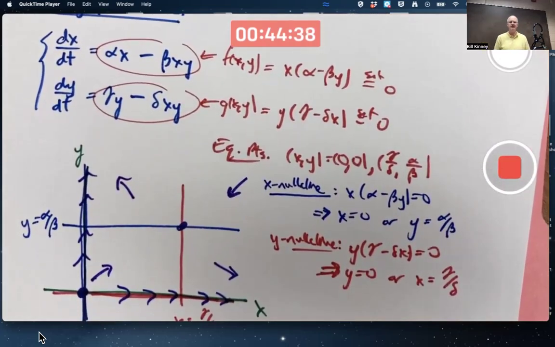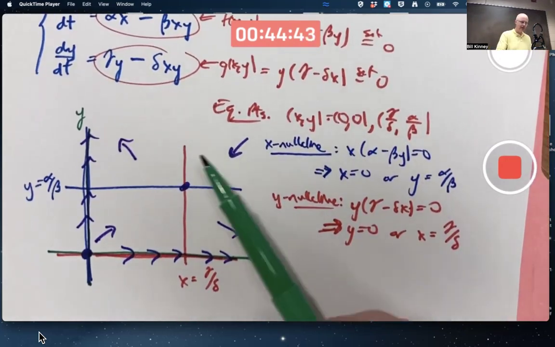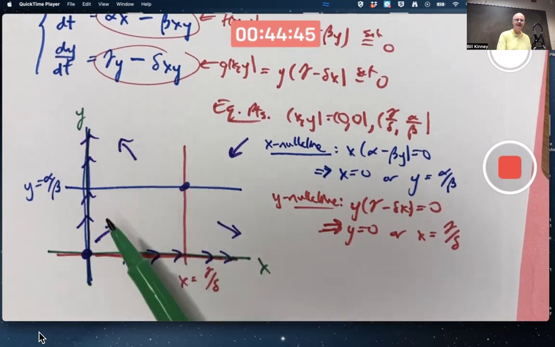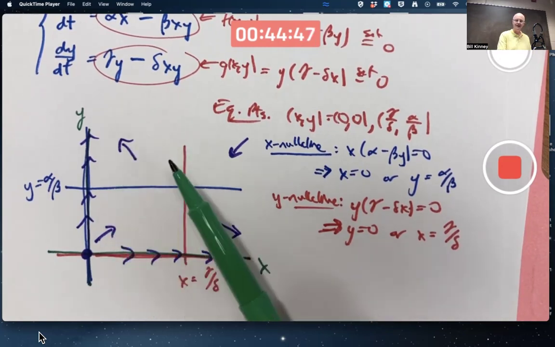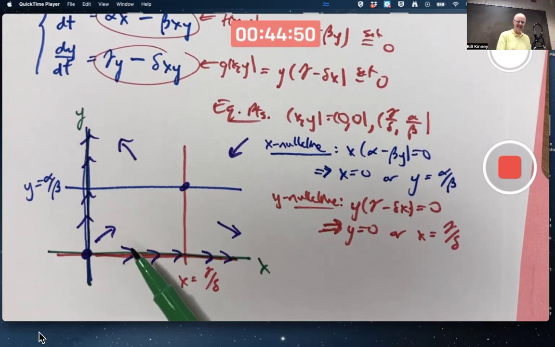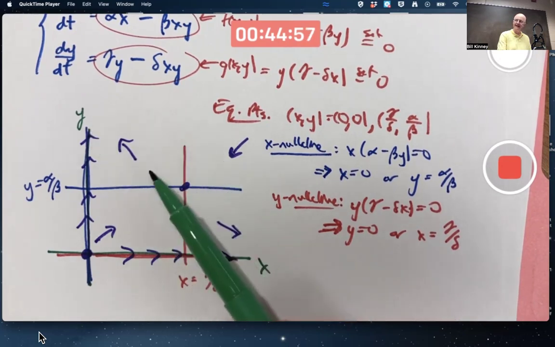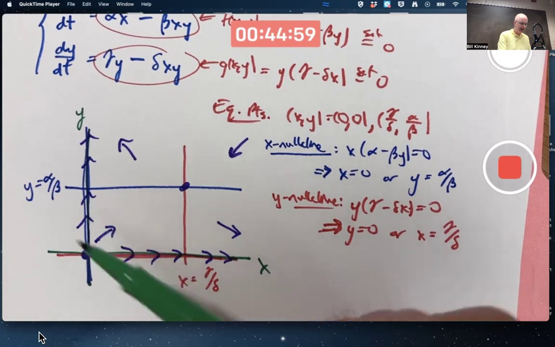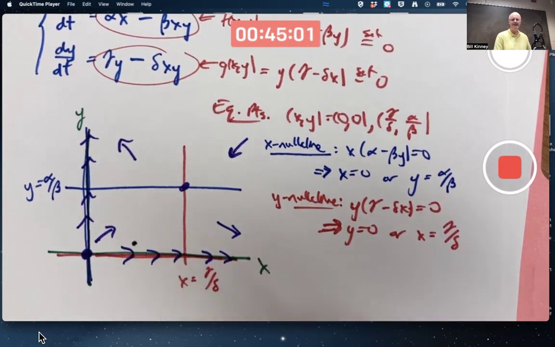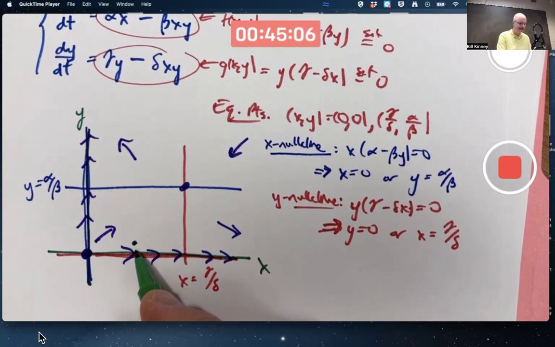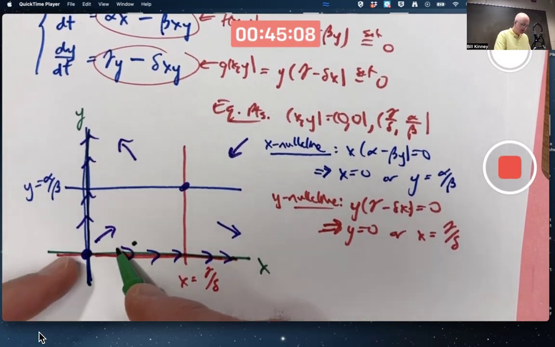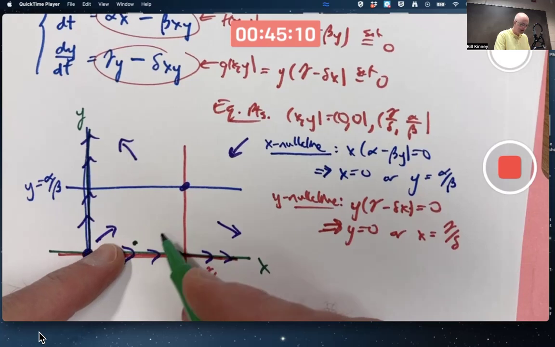What kind of weird thing could possibly be happening with the solutions here? They're not going around in either direction. I guess like this and like that, maybe. Yeah, it's a little bit more subtle. If my initial condition is, say, there, so that y is relatively small compared to x, I've got to be going to the northeast.